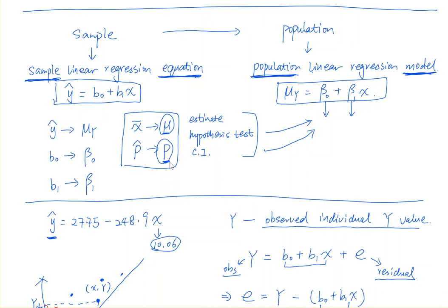But remember, for the previous chapters, what we did to get a general idea about the population mean or population proportion, we used the sample mean to estimate the population mean. We did the hypothesis test about the population mean. We got the confidence interval for the population mean, right?